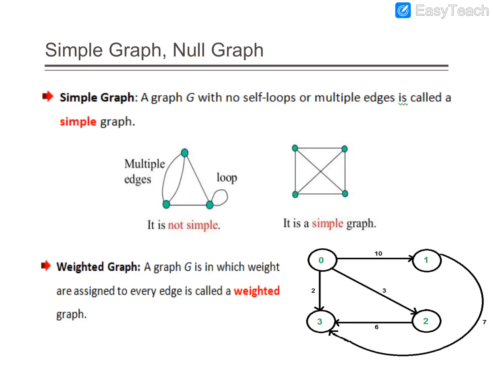For example, between vertices 0 and 1, the weight of the edge is 10. Between vertex 0 and 3, the edge has weight 2. Between 3 and 2, the edge has weight 6. And similarly between vertex 1 and 3, the weight is 7.